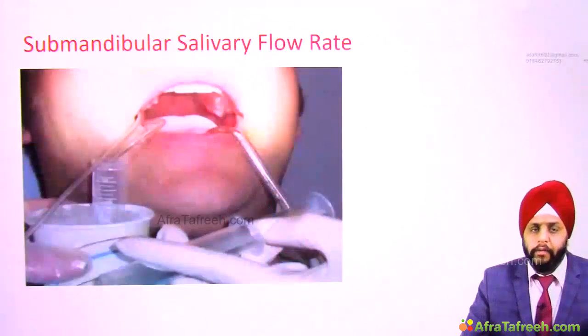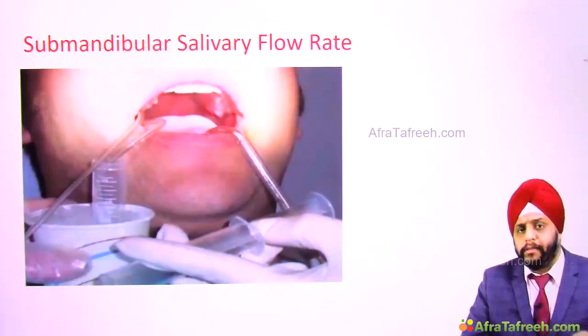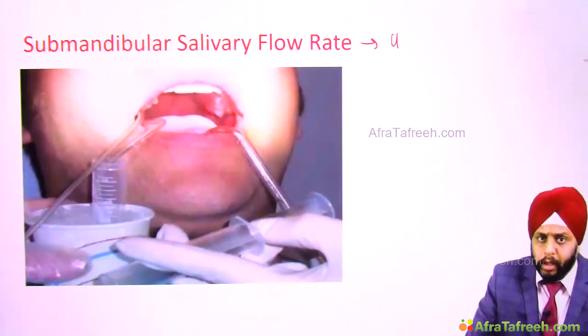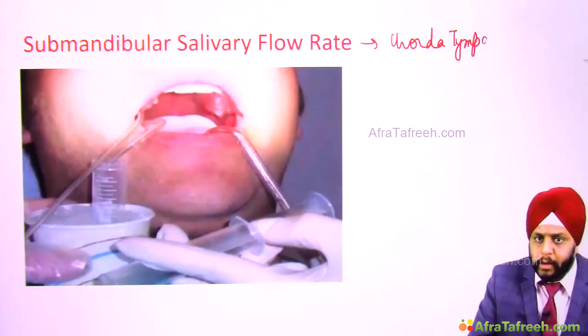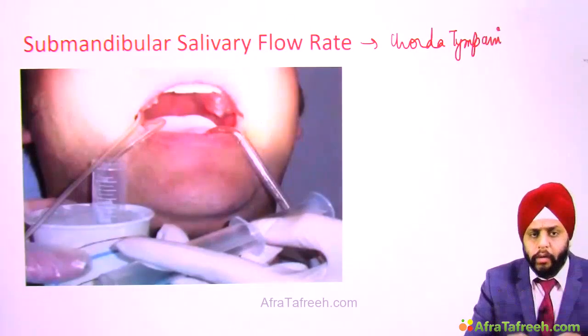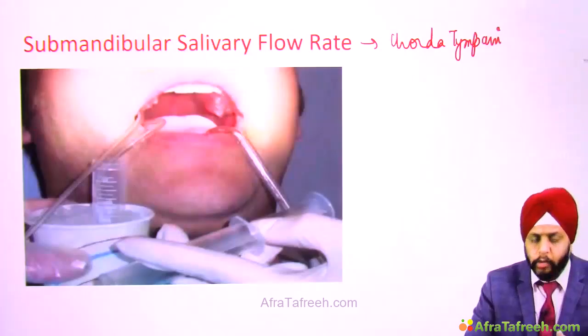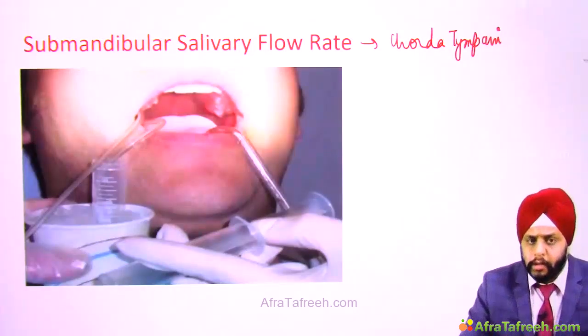Okay, and finally we have submandibular salivary flow rate. The submandibular gland is again supplied by chorda tympani, so once again this test is dependent upon chorda tympani. Now what you do is you put two small cannulas in the submandibular duct on both sides and you collect the saliva for 30 minutes.